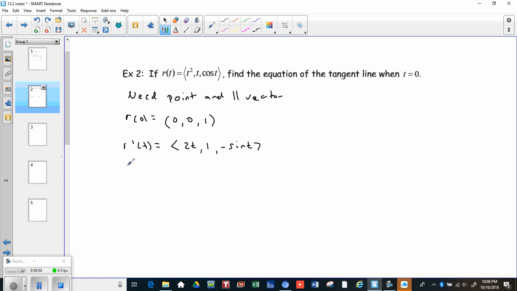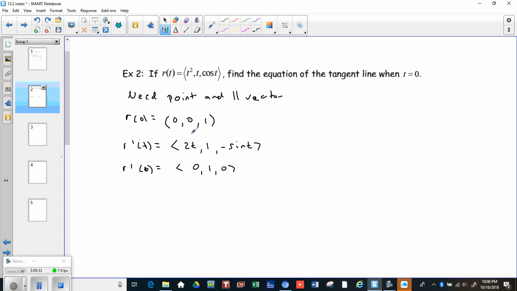Now that is our tangent vector at that point. So plugging in 0, I get 0, 1, 0. And that's plugging that in for r prime of 0. So now we have our parallel vector and we have our starting point.